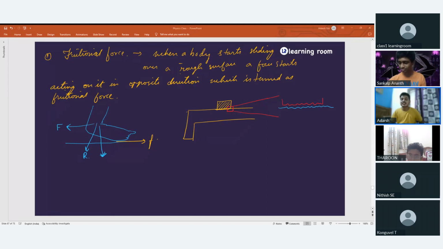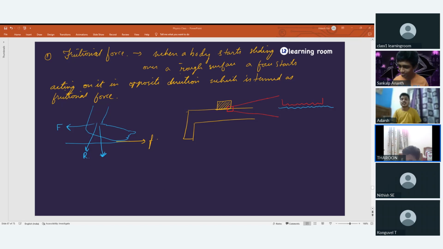If you are standing in the middle of an ice lake, and you have to move forward, what will you do? You will slip. You will open your t-shirt and throw it backwards.